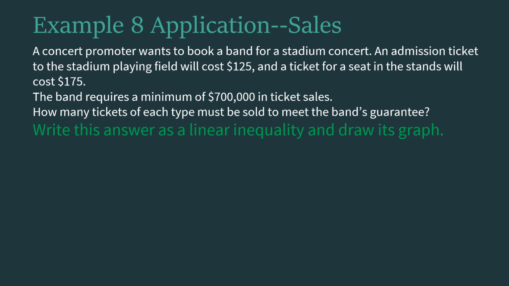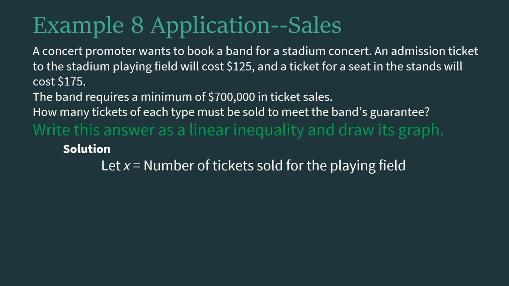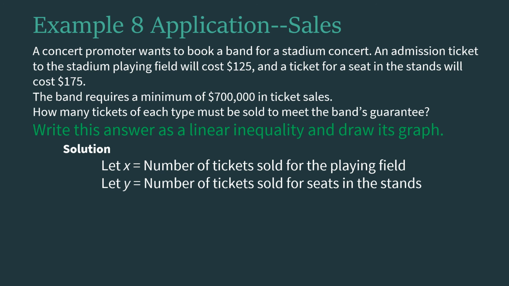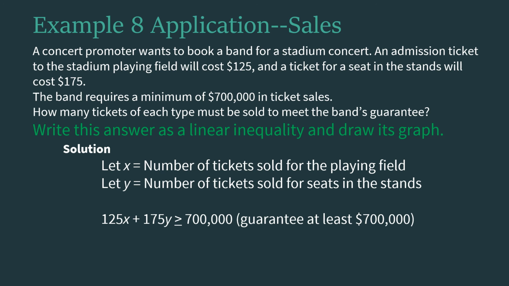Now let us see an application here in sales. An admission ticket to the stadium playing field is 125 and a ticket for the seat is 175. So there are two costs, one 125 and for the seats it is 175. The minimum requirement is 700,000 in ticket sales. So if x is the number of tickets sold for the playing field and y for the seats, then 125x plus 175y must be at least 700,000 because minimum sale must be this.